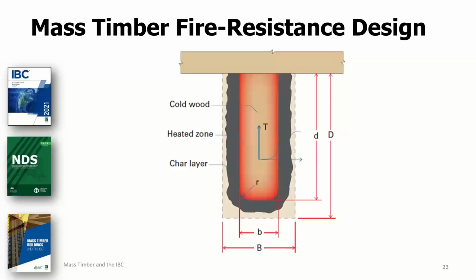And then the lowercase b and d represent the remaining breadth and depth of the section beneath the char layer after a given fire exposure time. Note that in this example, the top side of the beam is not exposed to fire. It's depicted as supporting what might be a floor ceiling assembly, for example. And in this manner, that top side is protected, so it's not losing section.